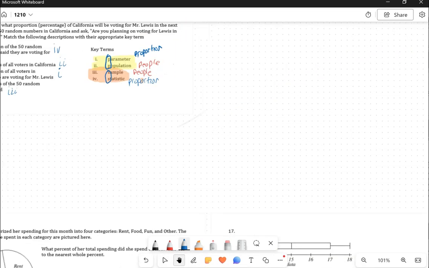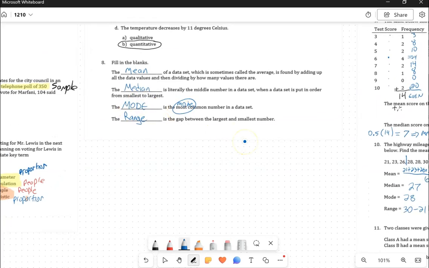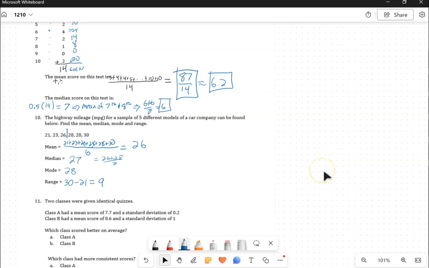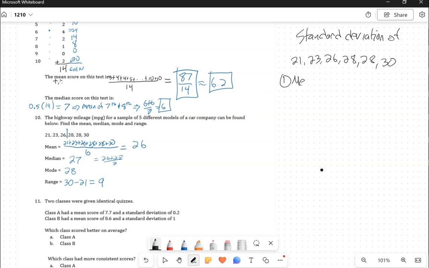All right, so step 1, find the mean, which we've already done for this problem.